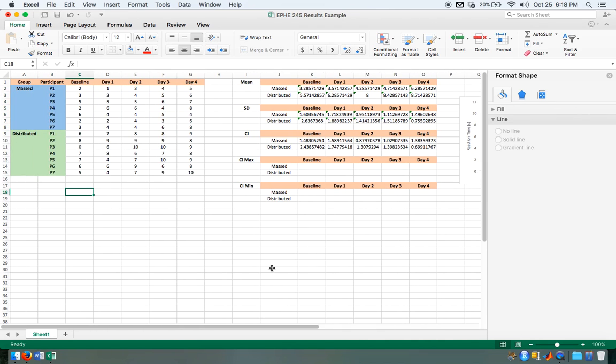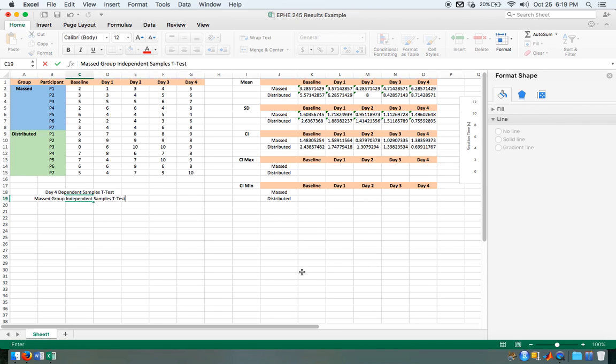So the first t-test I'm going to do is, I guess, day 4 dependent samples t-test. And let me write the other ones as well. So massed group independent samples t-test.